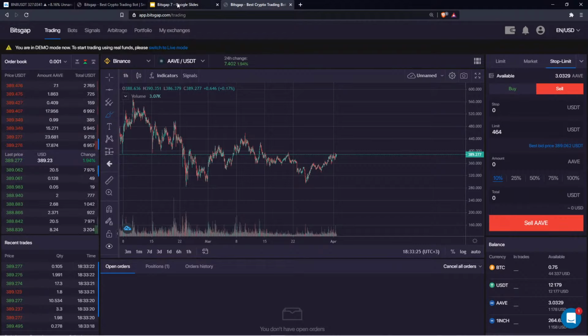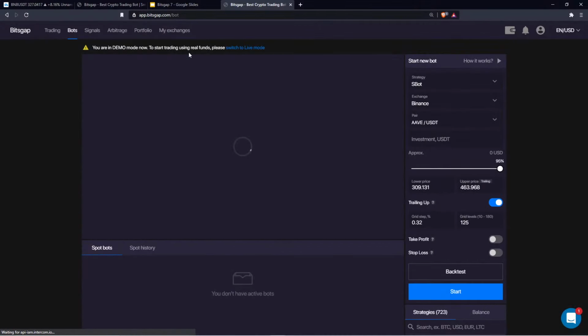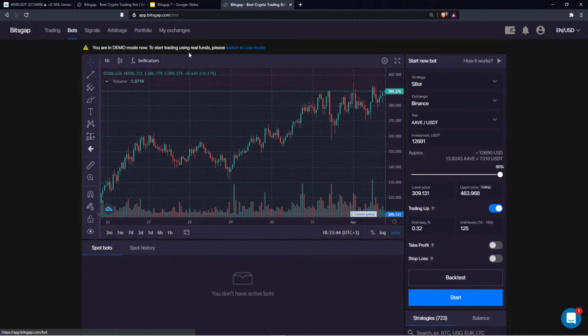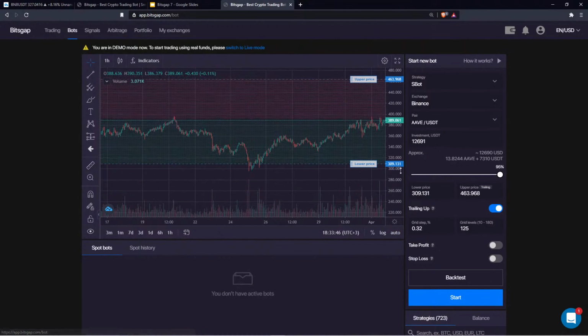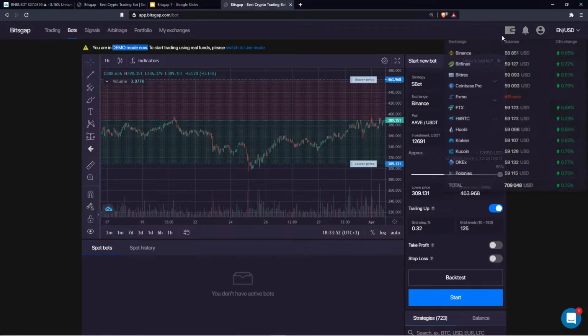So the next golden strategy that you have in crypto is automation. There are actually only a few platforms that made powerful robots, and Bitsgap is certainly the one outstanding here, because you have everything. You have the demo mode to trade in a risk-free mode, where you have virtual money.